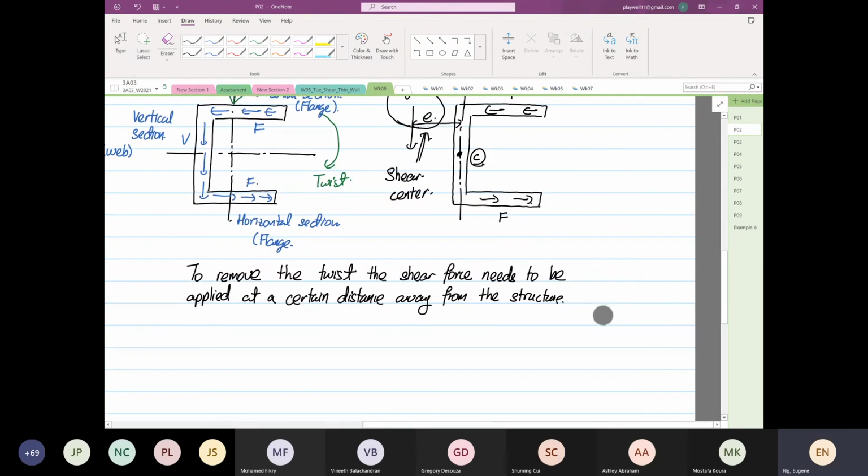So the distance E, what I've shown you before, is also known as the shear center.